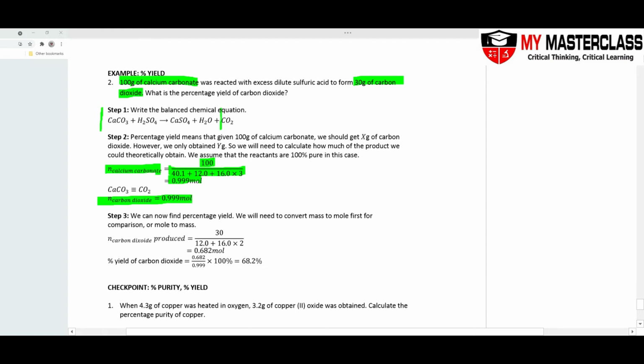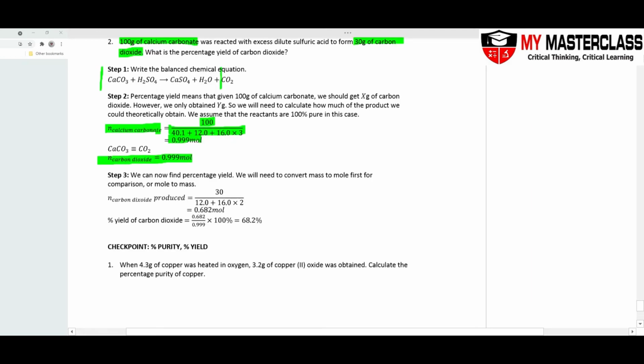So 0.999 moles of carbon dioxide formed. You have the mole, find the mass. Take your mole times your molar mass. Now I have 0.999 moles, and I try to find the mass using the molar mass of CO2. Carbon is 12 plus 16 plus 16, which is 44.